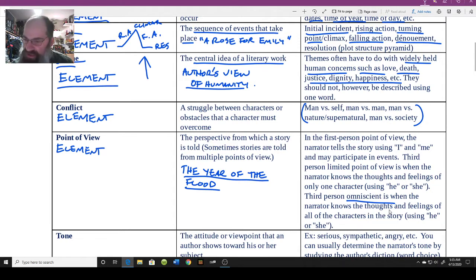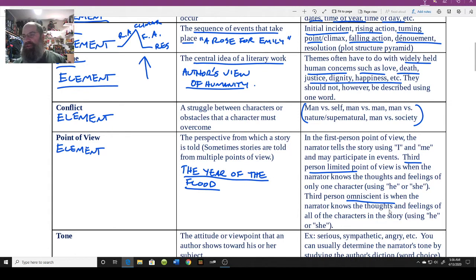Third person limited point of view, basically, means that when that character is not present, there's no action. Pride and Prejudice is third person limited point of view. Nothing happens without Elizabeth around. That's essentially how you define it. Most of your commercial literature, your potboilers, is omniscient third person point of view.